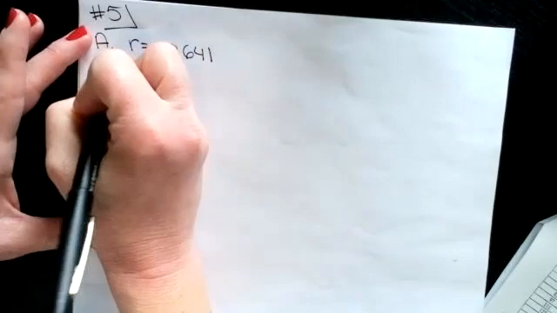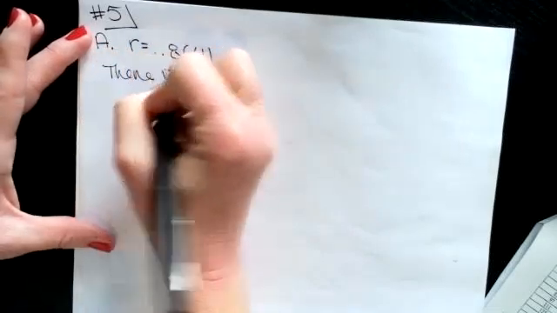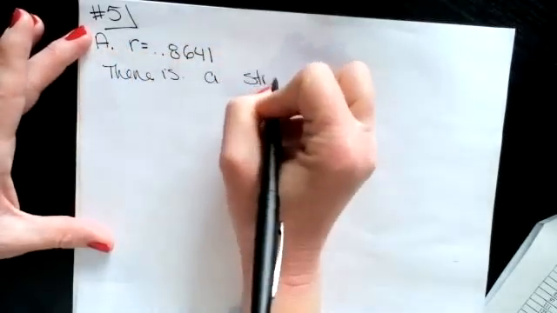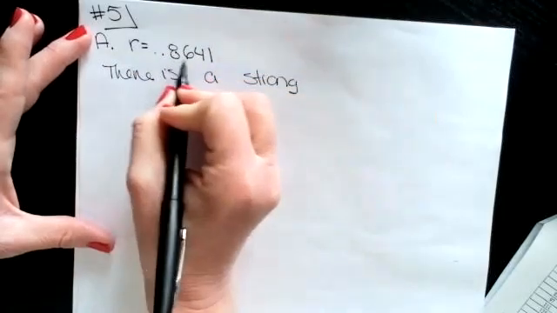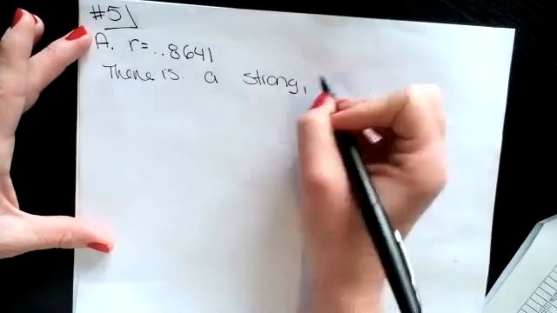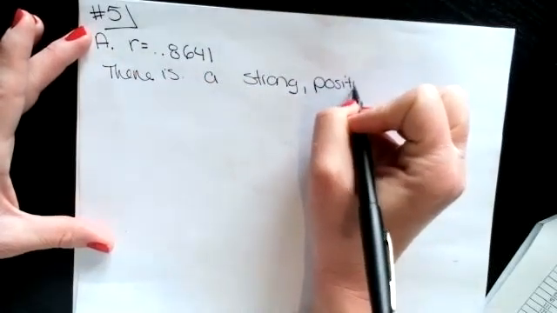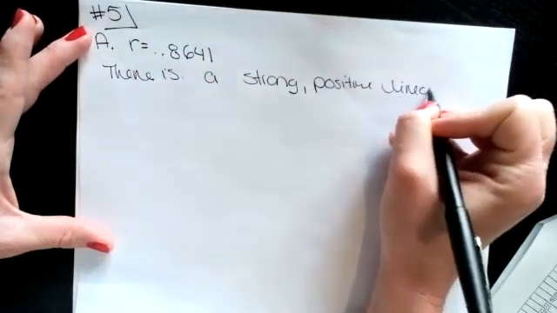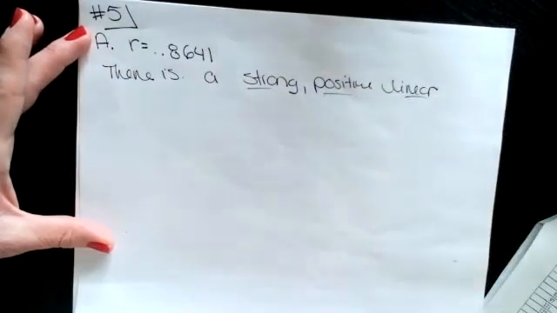Like you don't even have to put a lot of thought into this because I gave you the statement, the sentence. So here I'm just going to say there is a strong, now remember, the closer to 1 or -1, the stronger the relationship. So a strong positive linear, those are the 3 words. These are key here.